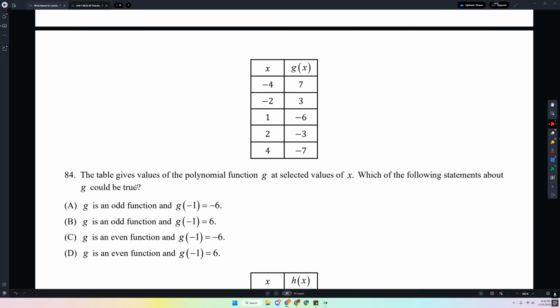Got even and odd functions. Okay, I'll give like a minute for this question because it shouldn't take too long.